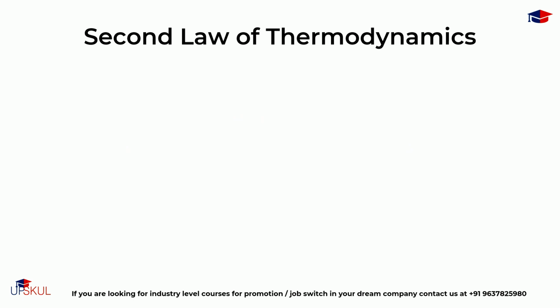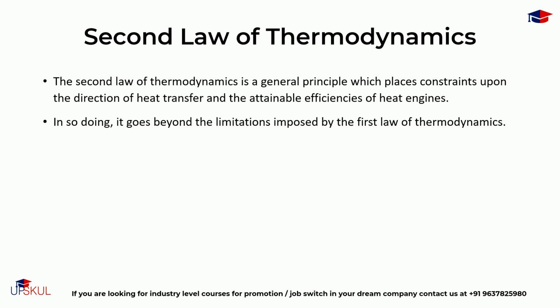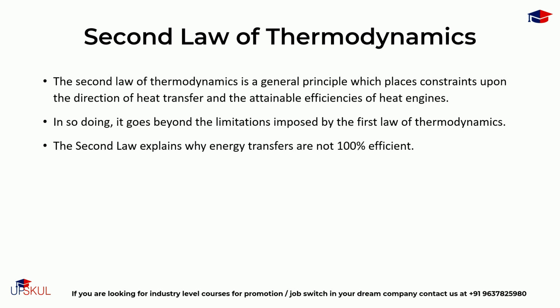The second law of thermodynamics is a general principle which places constraints upon the direction of heat transfer and the attainable efficiencies of heat engines. In doing so, it goes beyond the limitations imposed by the first law of thermodynamics. The second law explains why energy transfers are not 100% efficient.